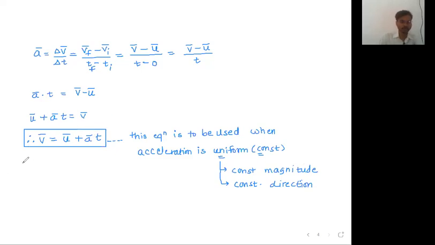Now this bar is written for the sense of direction.